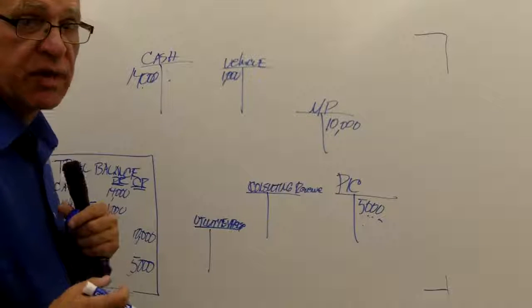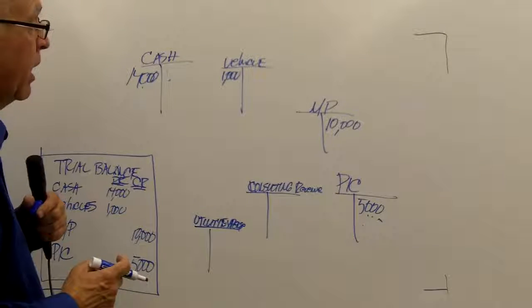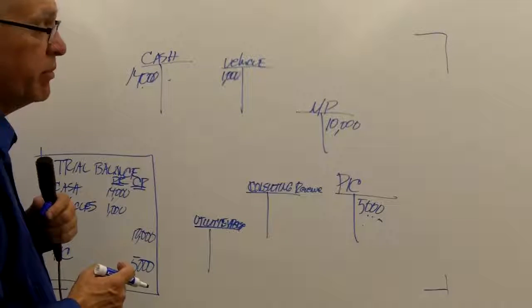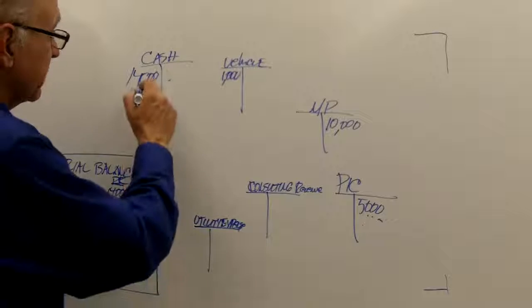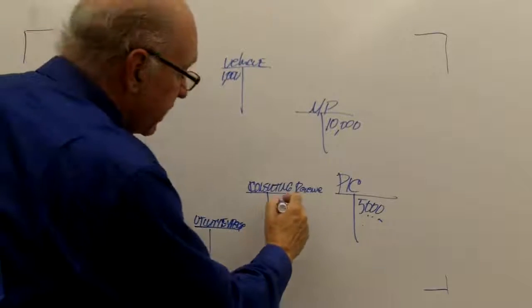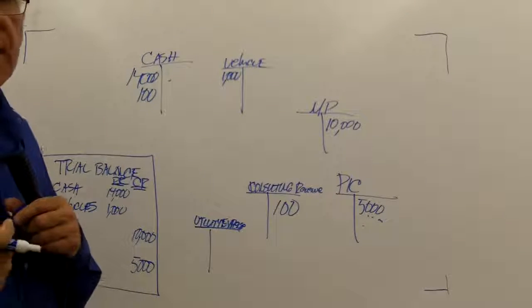So watch what happens when I go out and earn $100. Somebody pays me $100 for consulting. I debit cash for $100. What do I credit? I have an income account. I credit consulting revenue. I credit it because it behaves like an equity account.